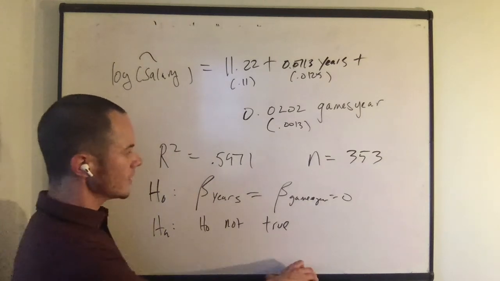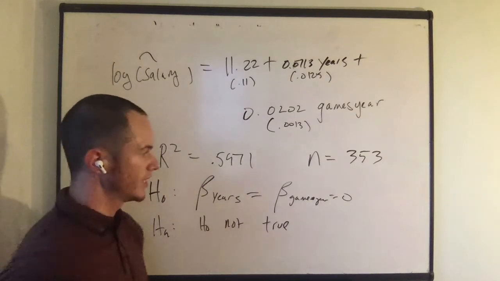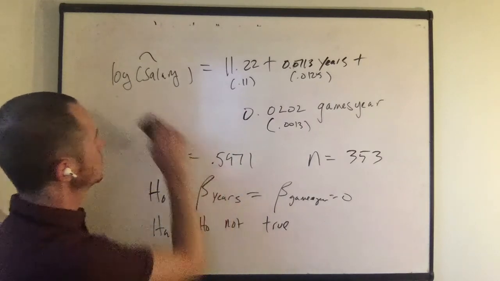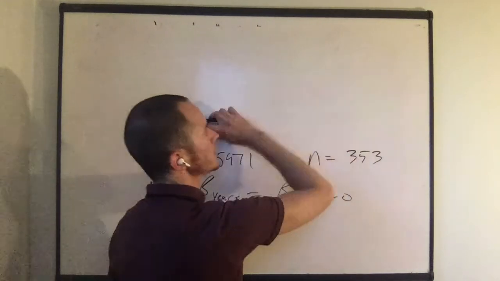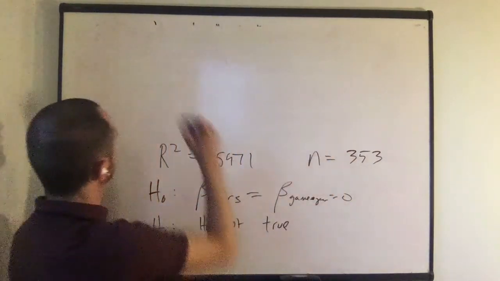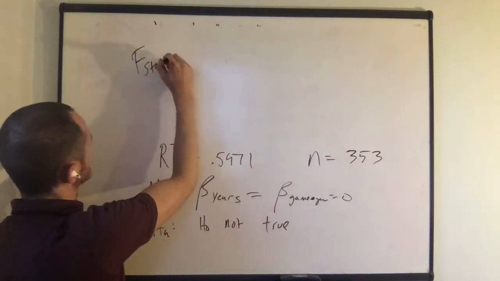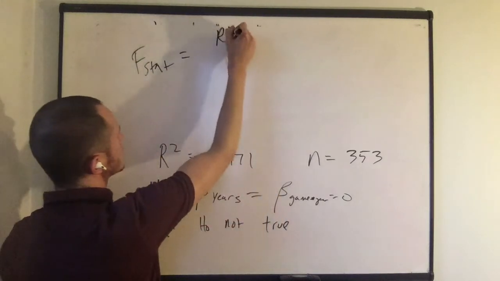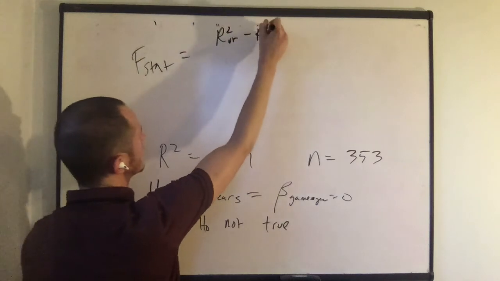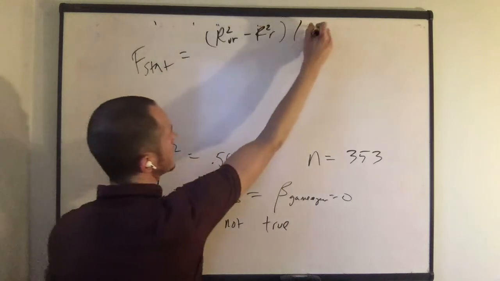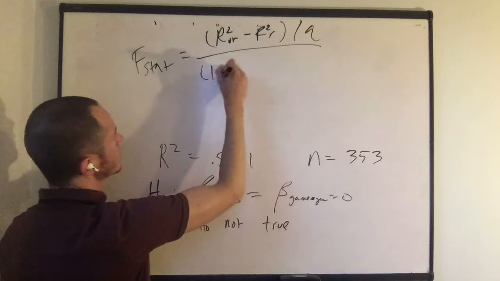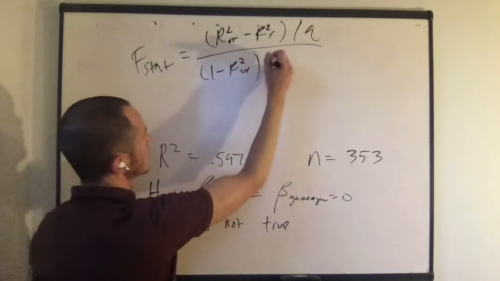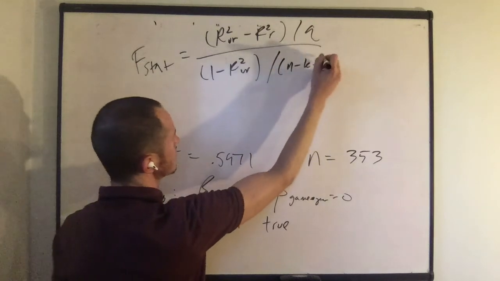So this is actually a simple F statistic to calculate. I'm going to erase this, but leave just the information that we need. So the F stat, recall that this is R squared of unrestricted minus R squared of restricted divided by Q, all over 1 minus R squared of the unrestricted regression divided by N minus K minus 1.